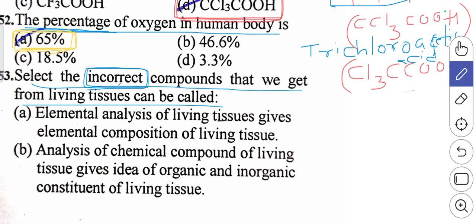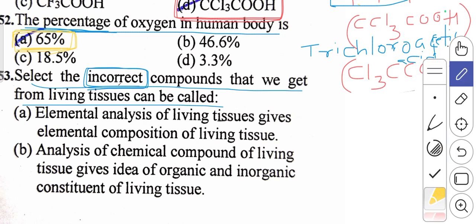The first statement, that is option A: elemental analysis of living tissues gives the elemental composition of a living tissue. As you know, if elemental analysis of living tissue is done, then we will get to know the actual composition of a living tissue. So this one will be correct. Let's know the other thing.